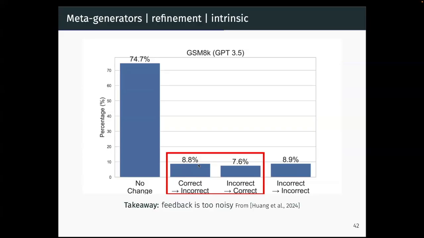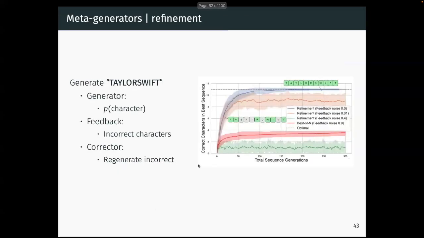There's a kind of fun toy example that you can construct to simulate this. Here the task is to generate this name, Taylor Swift. And the generator just generates one character at a time, independent of all the other ones.